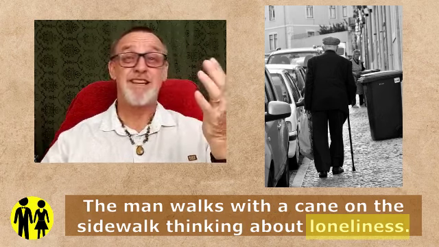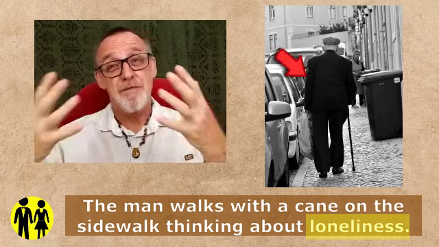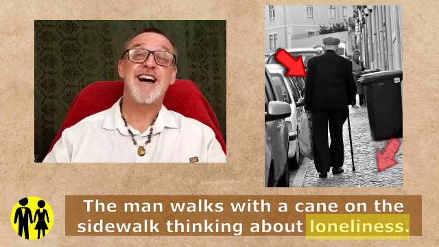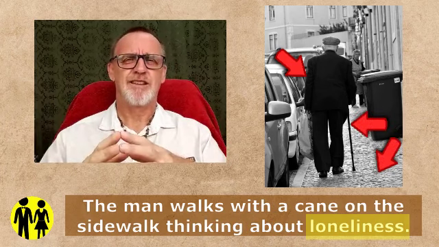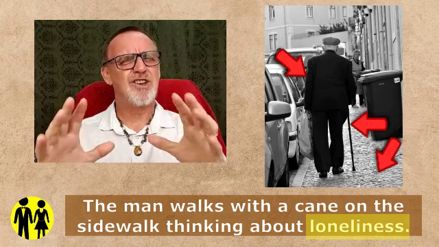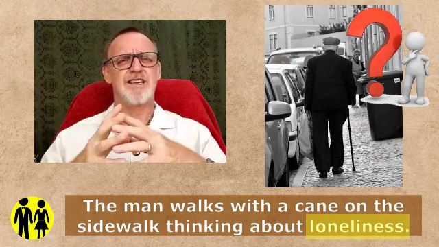It is not something that we can readily see. We can see a man. We can see a sidewalk. We can see a cane. But what does loneliness really look like? What do we see?